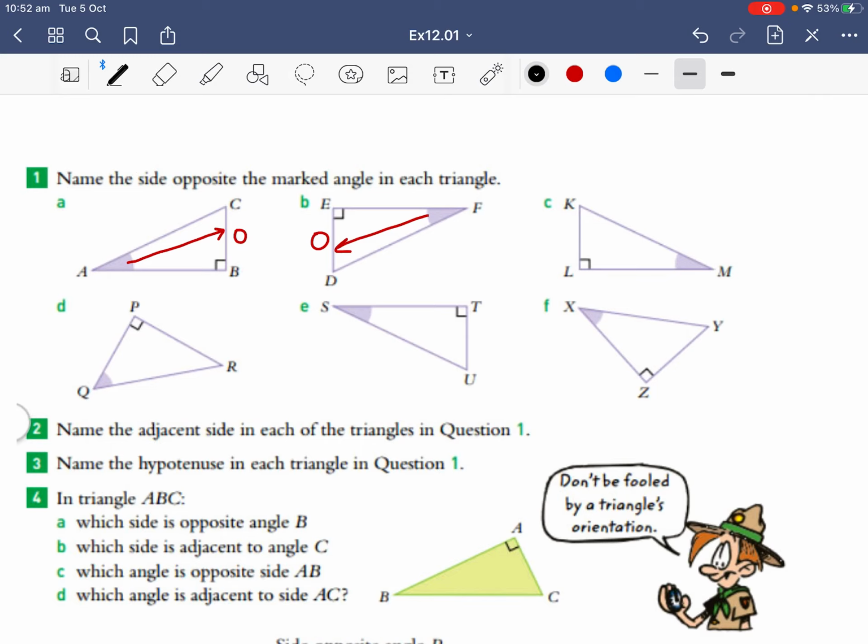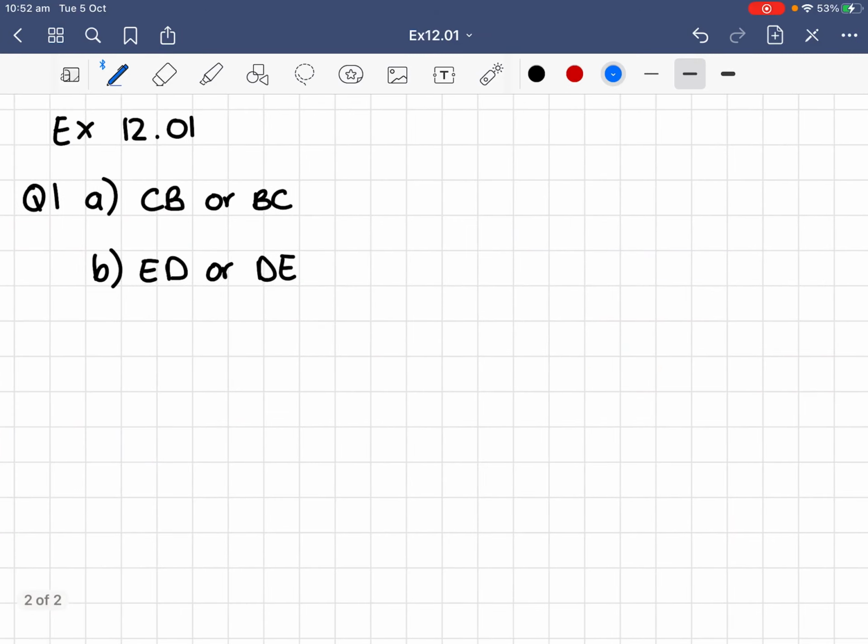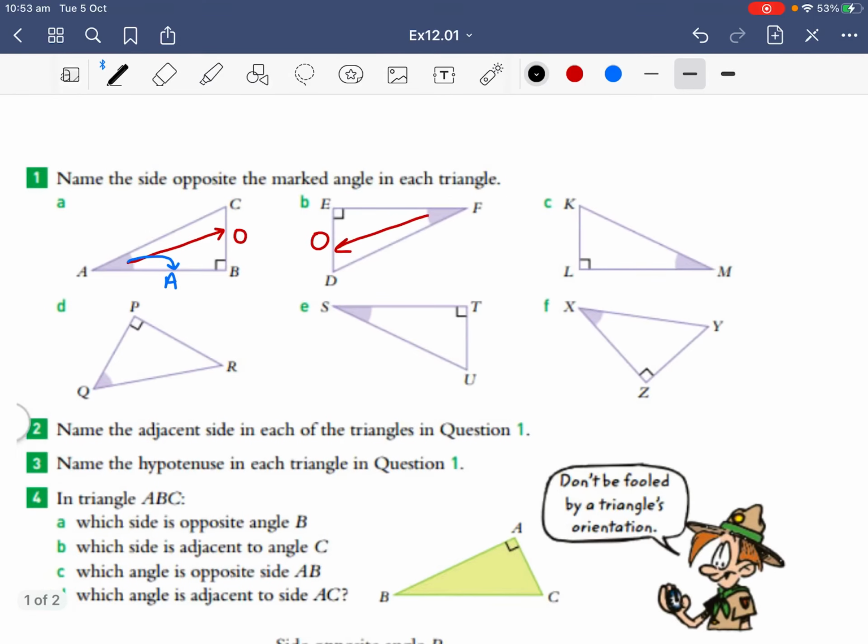So for question 2, it says to name the adjacent side in each of the triangles in question 1. The adjacent side of a triangle is the side that is next to the angle, and it's the side that's in between the angle and the right angle. So in 1A, our adjacent side is the side AB or BA. So we go to our page. Question 2A is the side AB or BA.